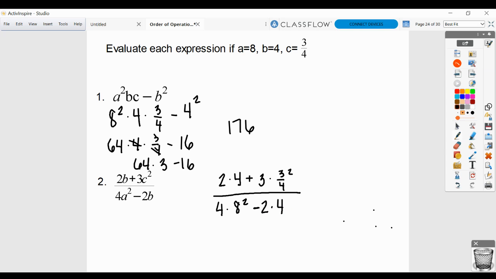Remember what I said before, always do the numerator first, do the denominator next, and then divide them. So exponents first, 3 squared and 4 squared. When you square fractions, you have to do numerator and denominator together. And then here you can do the 2 times 4 and get the 8.